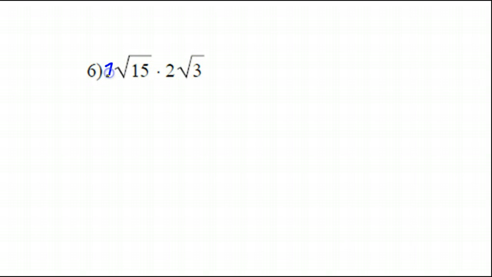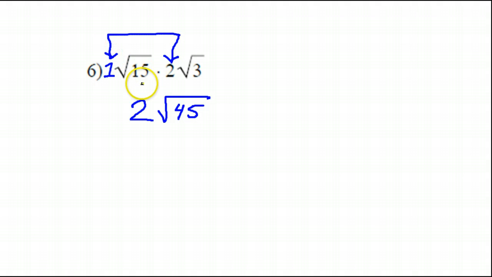So this is like a 1. 1 times 2 is just 2. 15 times 3 is 45. So this will be 2 times the square root of 45. So hopefully you see I just multiplied the 1 and the 2 together, and I multiplied the 15 and the 3 together. Radical 15 and radical 3.